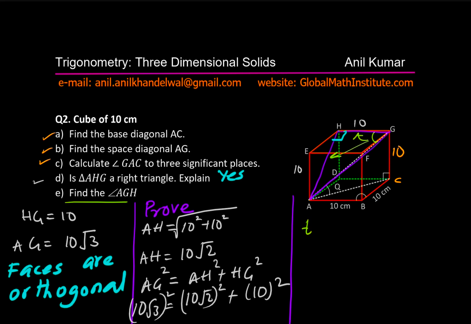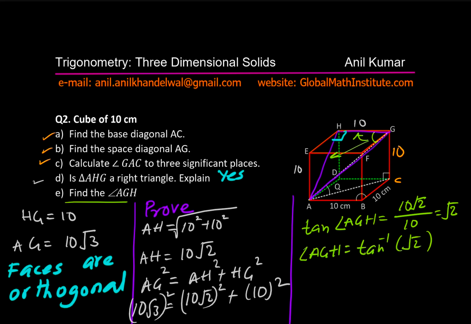So we have tan of angle AGH equals the opposite side, which is 10 square root 2, over 10. Perfect. Which is square root of 2. So we have the angle AGH equals tan inverse of square root of 2.